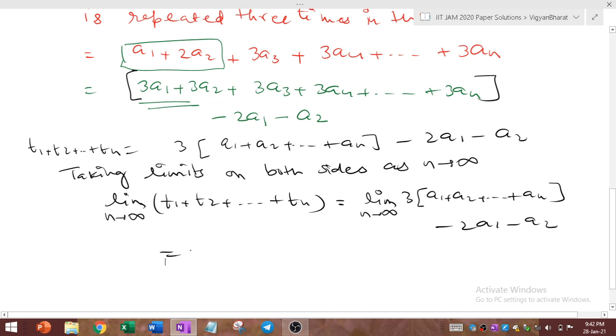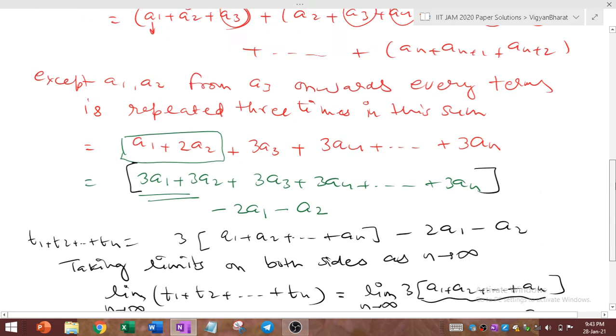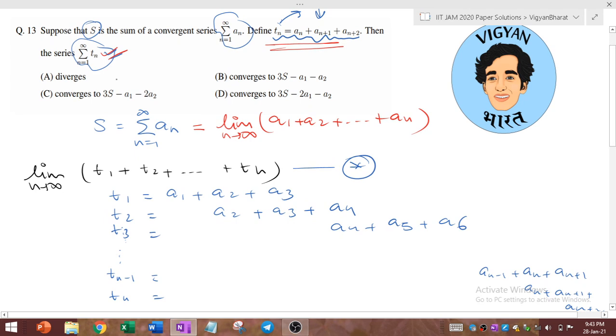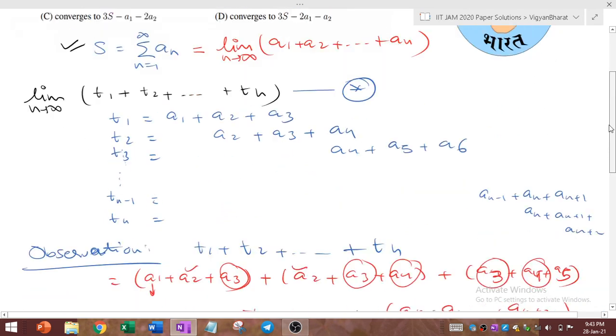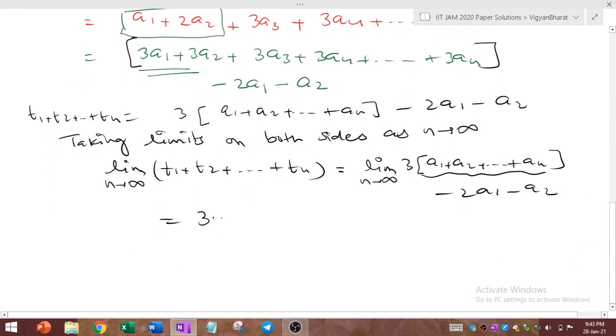Now focus on the right hand side. 3 can be taken outside, and the limit of this expression is the limit of the sequence of partial sums of the original series, this series S. So we can rewrite this as S, the limit of this whole bracket, minus twice A1 minus A2.